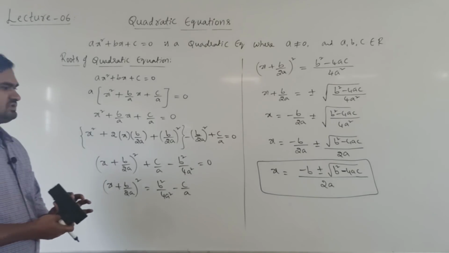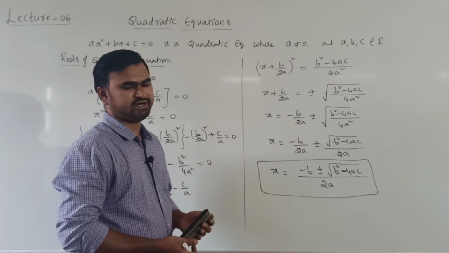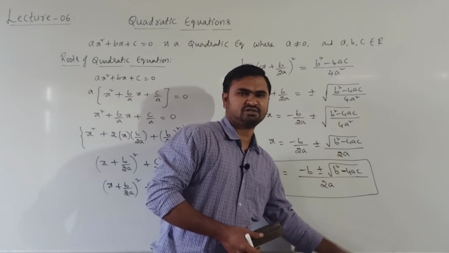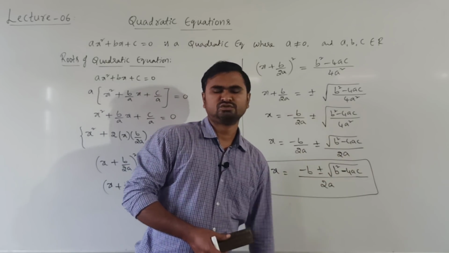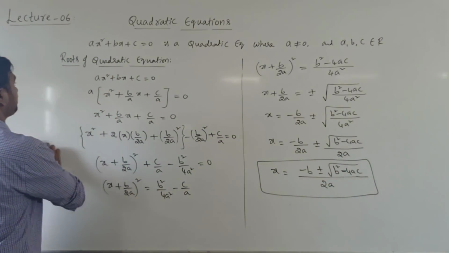Next. After studying the roots of a quadratic equation, we should know the nature of those roots. So we will see how to find the nature of roots of the quadratic equation.